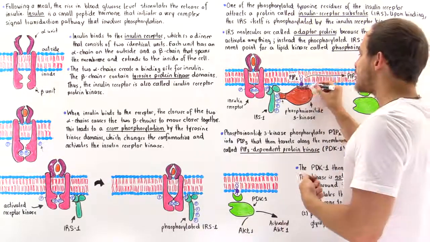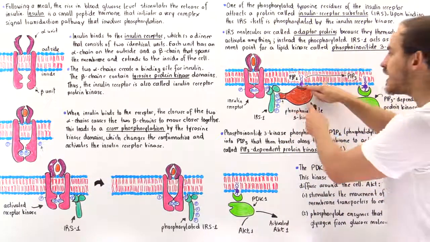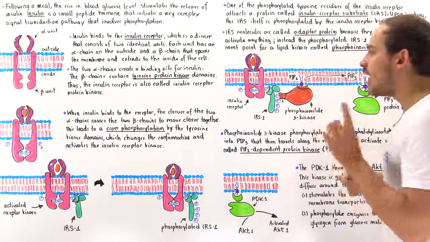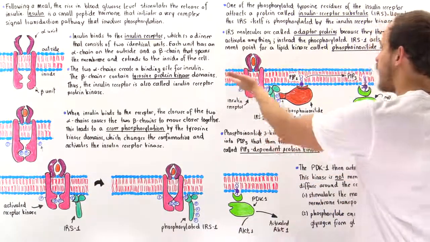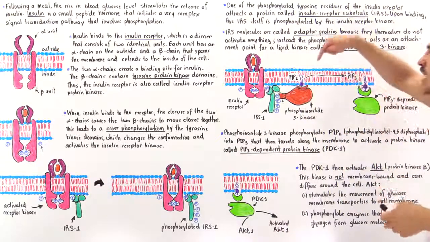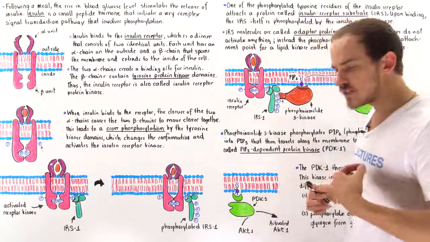So this is the active site of this phosphoinositide kinase. And once that active site moves there, it causes the phosphorylation of a specific type of fat molecule that exists within the membrane known as PIP2. Now, when did we see PIP2 previously?